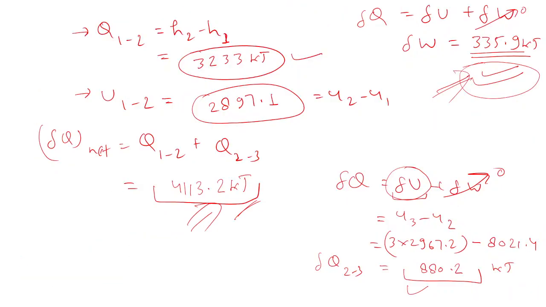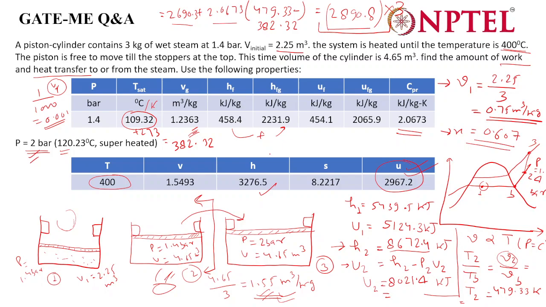So some people are saying we will find the net work done as P delta V, right? When you try that way also it will come, because it is a constant pressure process, and the initial and final volumes we know. Initial volume is 2.25, and final volume is 4.65.